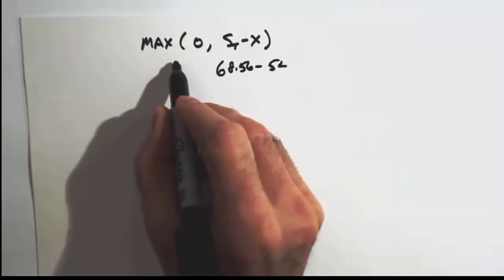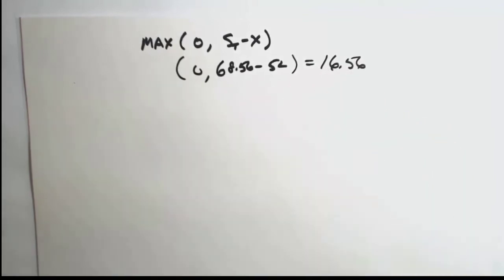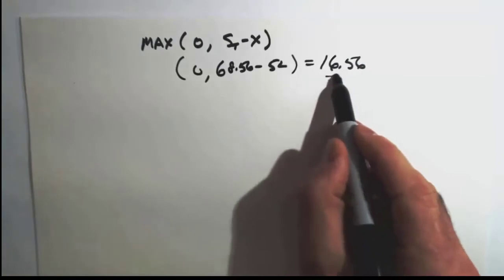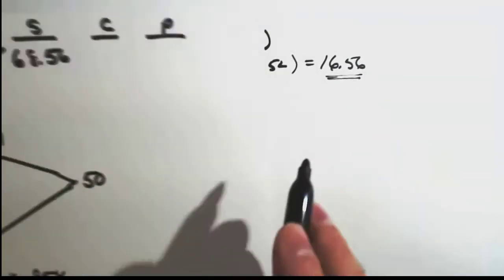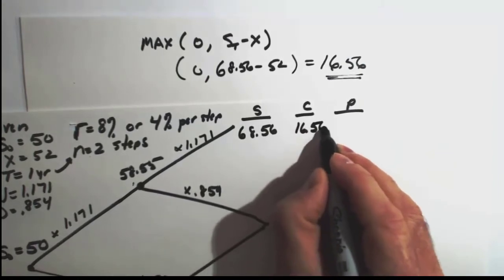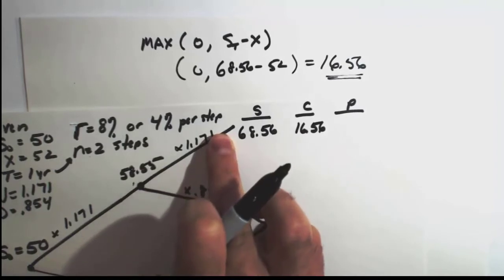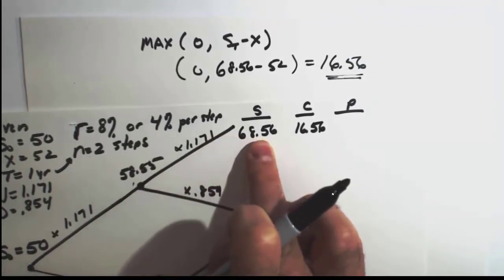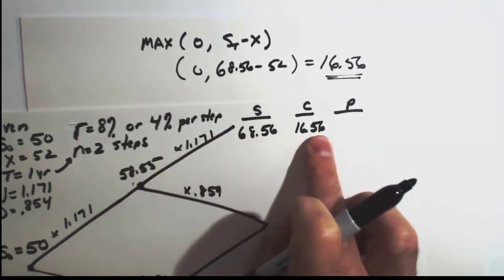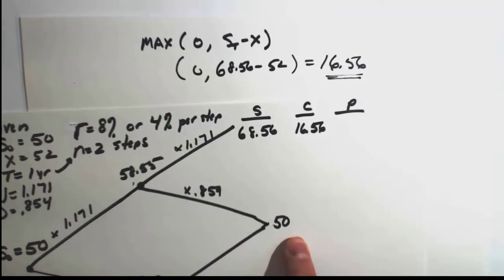This is in the money by 16.56. In other words, it's in the money. And that is the payoff, and that is the value of the option at expiration, if this happens. When I say this happens, if stock goes up once and then goes up again, stock will be 68.56 at expiration. That implies the call must be 16.56.